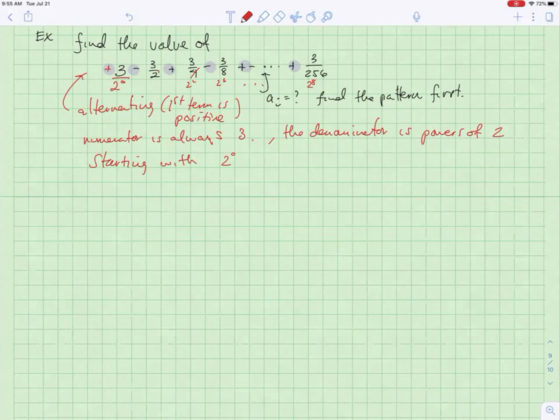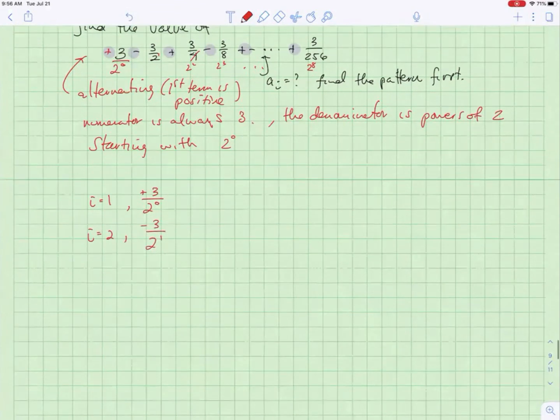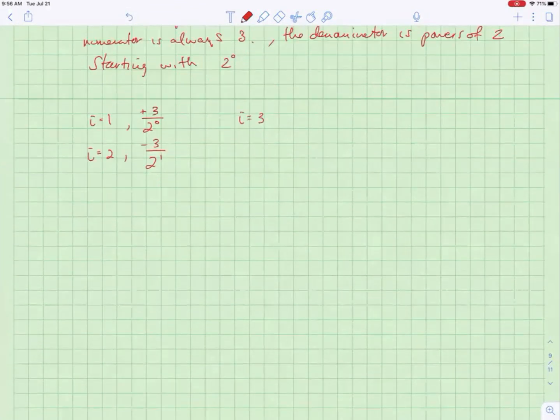So let's see. When I equals 1, we have positive 3 over 2 to the 0. When I equals 2, we have negative 3 over 2 to the first. When I equals 3, we have positive 3 over 2 squared. When I is 4, we have negative 3 over 2 cubed.